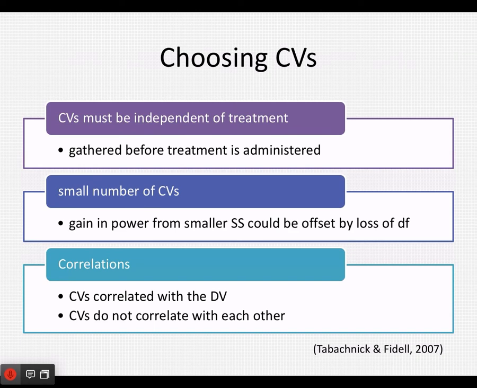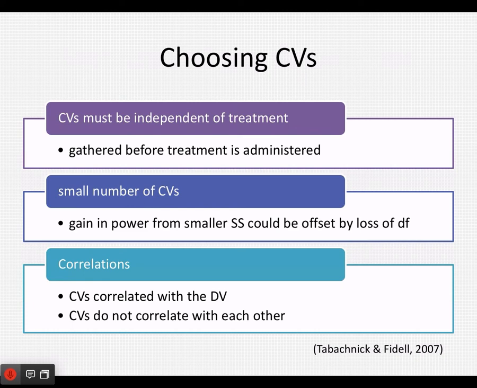But if we do that, you might gain some power in smaller sum of squares, but it is offset by the loss of degrees of freedom. The more covariates you add in, the fewer degrees of freedom you have, and the harder it is to detect a significant p-value. So usually we add a few CVs, but not too many.